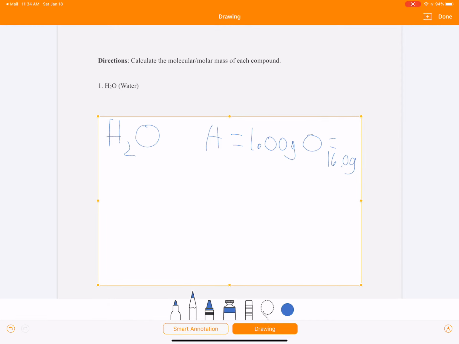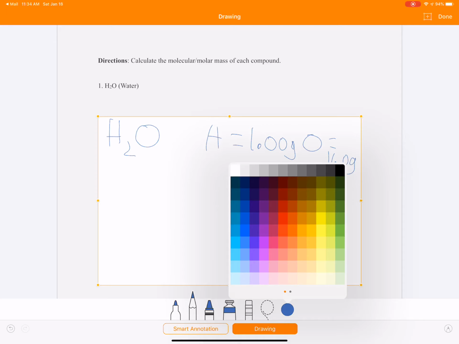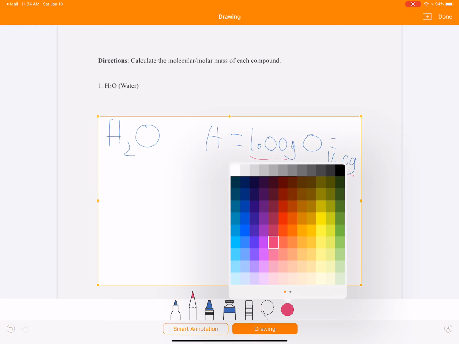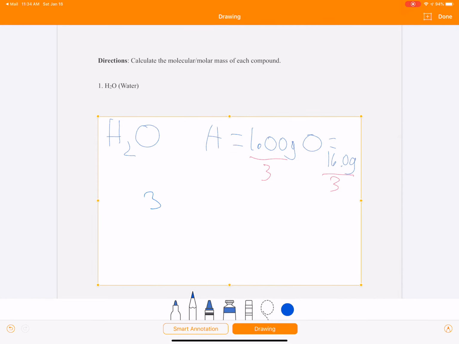Now, you have to remember about your significant figures here, because here you have 3, and here you have 3. So your answer should have 3 significant figures. So your answer here is 18.0 grams.